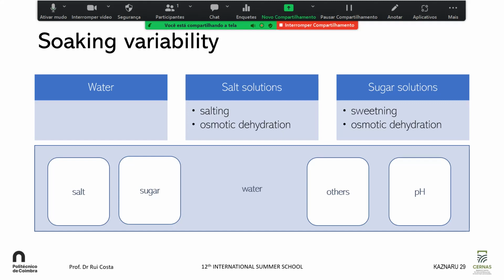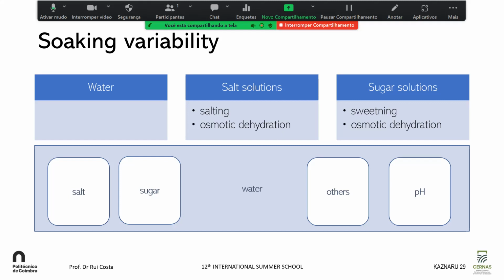So during soaking in general, we have water, definitely, then we can have salt and/or sugar and/or others, and then some acid, for example, or alkaline molecules to change the pH if it is favorable for our process.